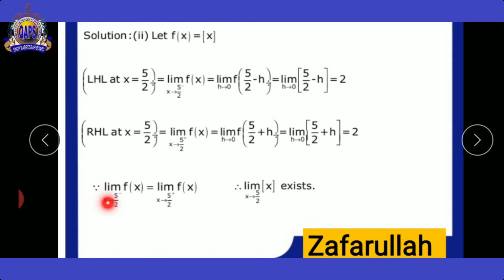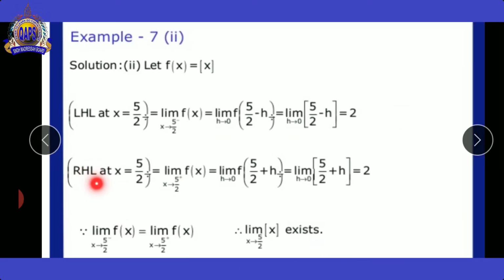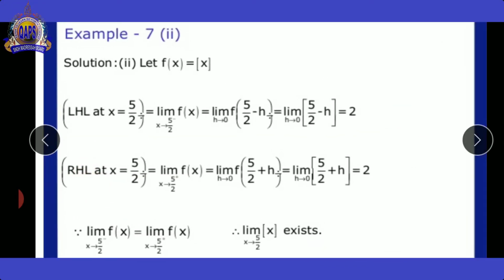Now in example number 2, let f of x be the function x, and x approaches 5 upon 2 in division form. This division represents that the limit is in the form of division. So in the left hand limit we take negative h.